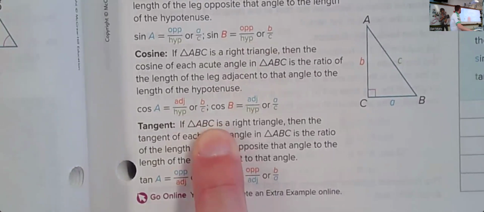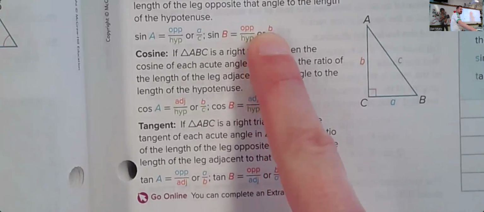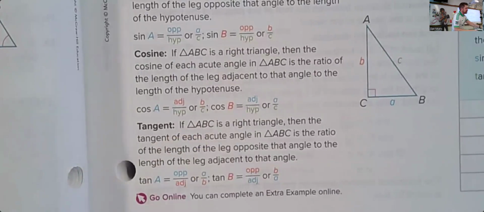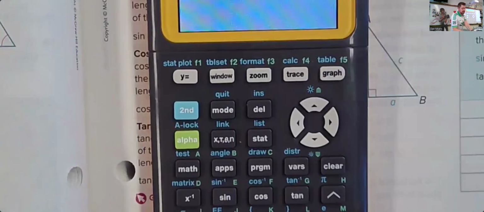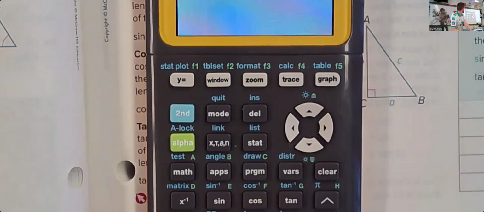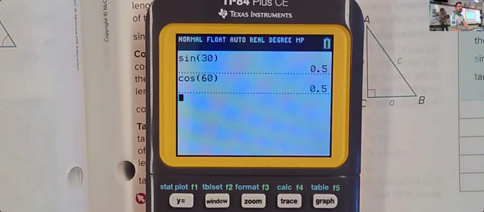So that means that the sine of 30 should be equal to the cosine of 60. The sine of 30 was 1/2, wasn't it? Okay, so sine 30, type in cosine 60. Oh, it's the same thing.